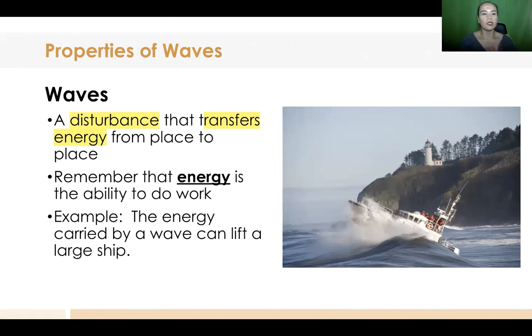All right, so let's discuss. Waves are disturbances that transfer energy, okay, from one place to another. So any disturbance that you do on something, that's waves. And remember that energy is the ability to do work. An example is the energy carried by a wave. If you look at the picture, it can lift a large ship because of that disturbance.